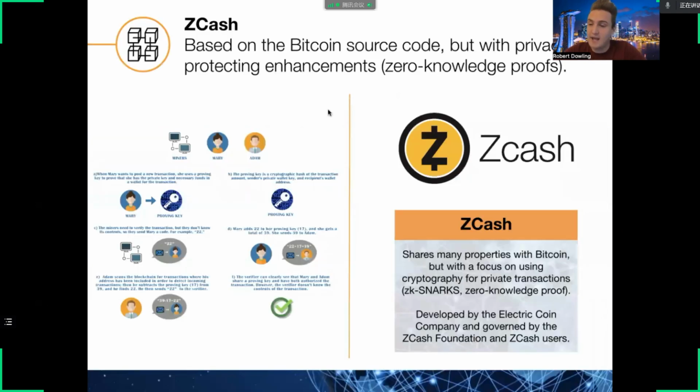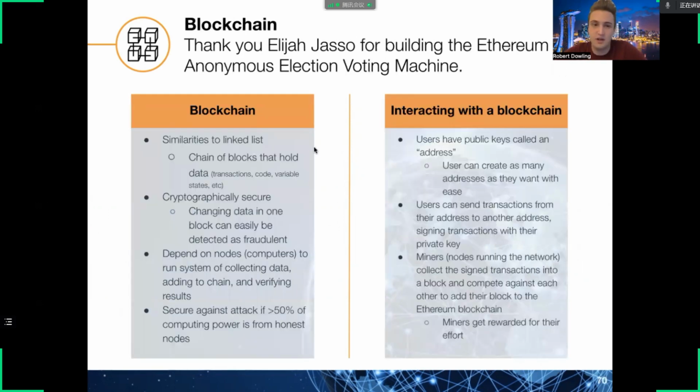And Zcash is a very interesting project that tries to provide privacy to transactions using something called a zero knowledge proof, ZK snarks. This is beyond the scope of this talk, but I would encourage you all to look into it. Very compelling work is being done at the Zcash project.